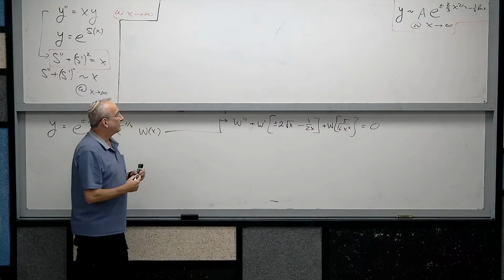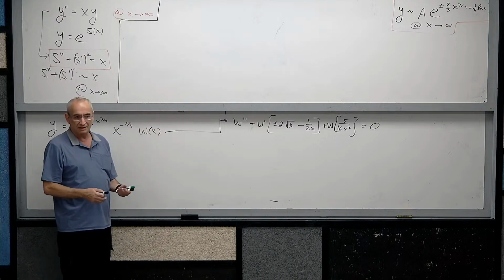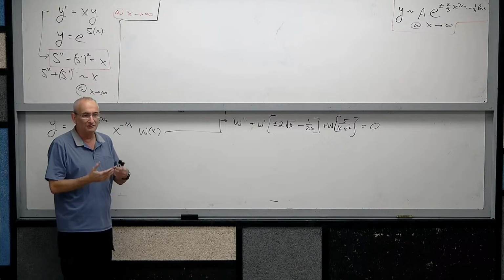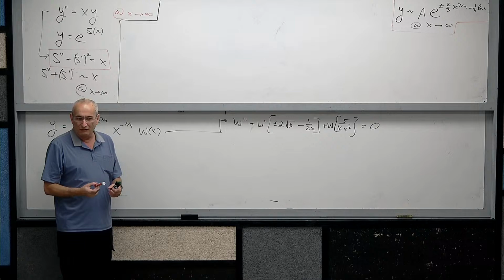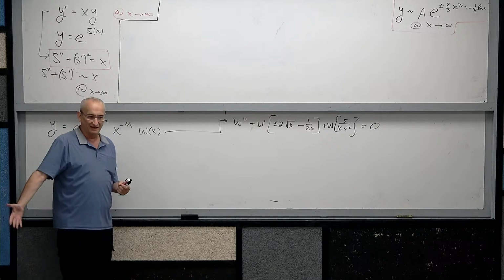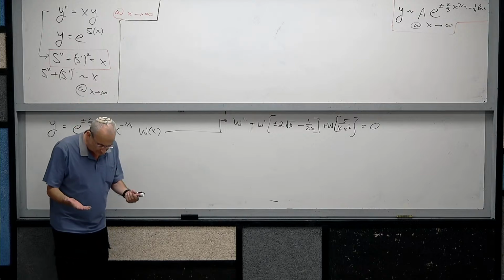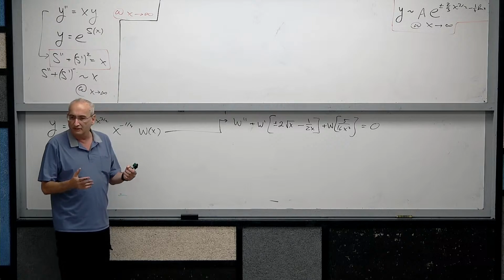Now, if I know how to calculate all the terms in w, it means that I solved the problem. But this is against the law, because you cannot solve exactly the behavior of a function around an irregular singular point.